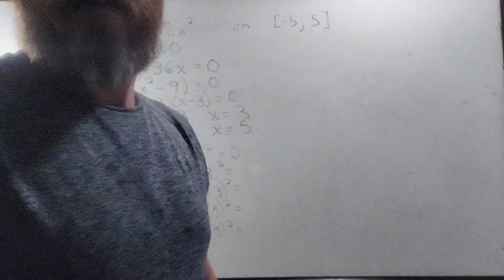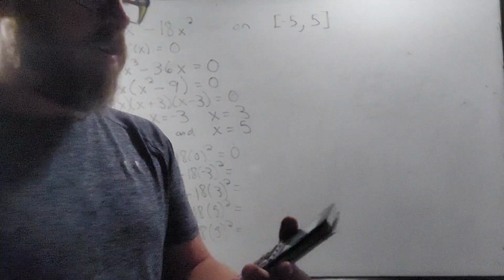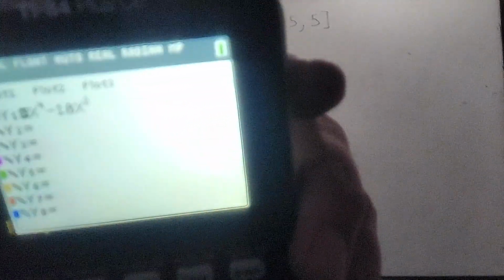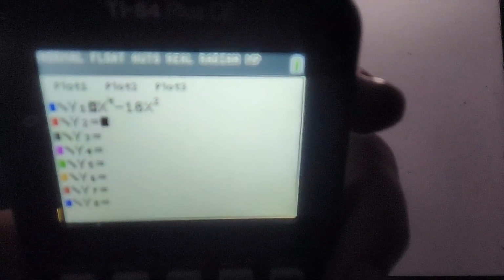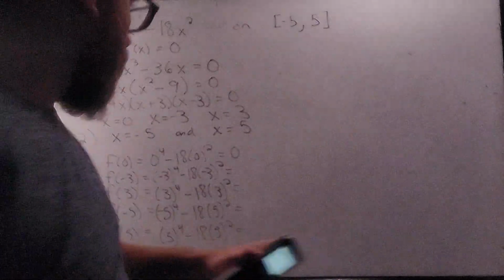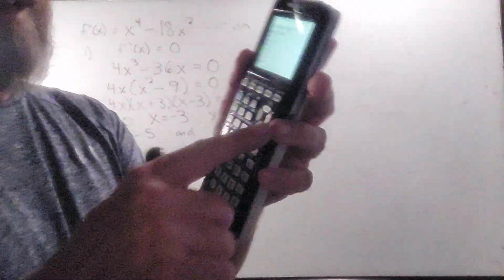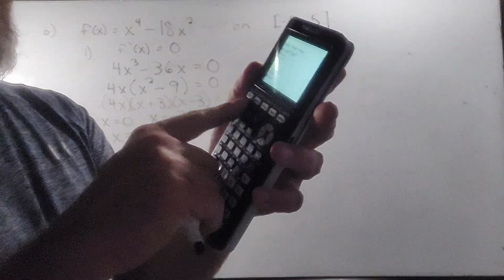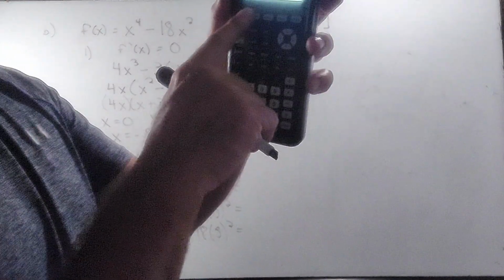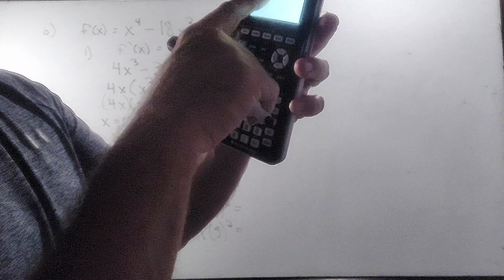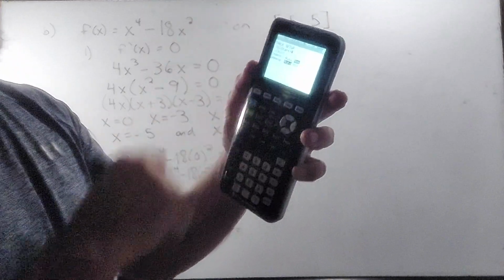Let me determine these. All right, here's a trick that you might want to use in a regular calc class. We're trying to use calculus to do this, so what I do is plug this into the y equals spot. Then I can evaluate these points really quickly by using the table. Before you hit second table, make sure that in second window, the first independent variable says ask.